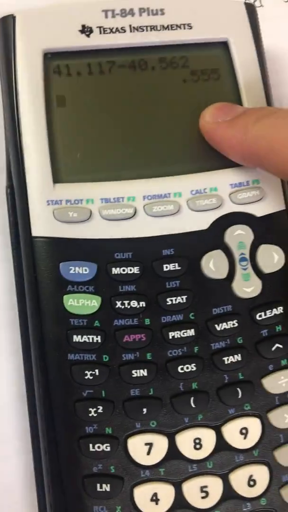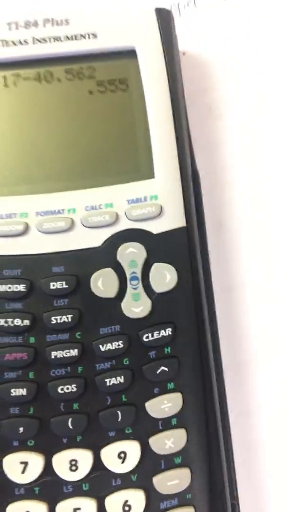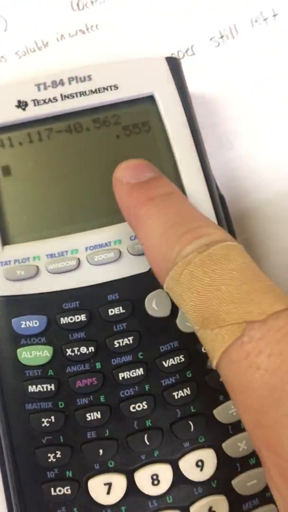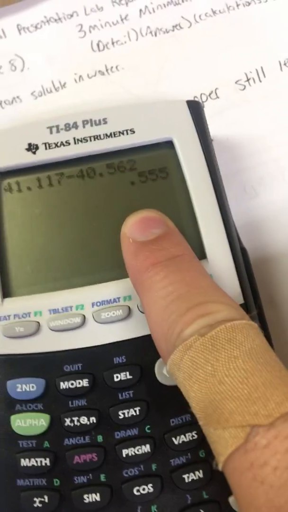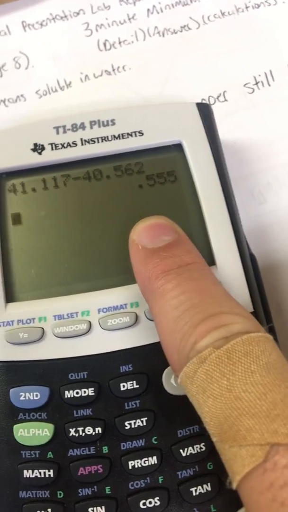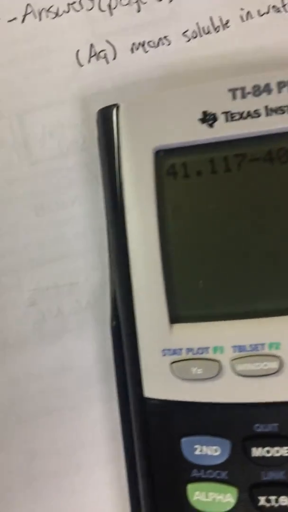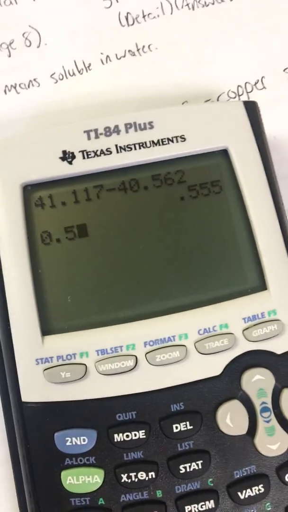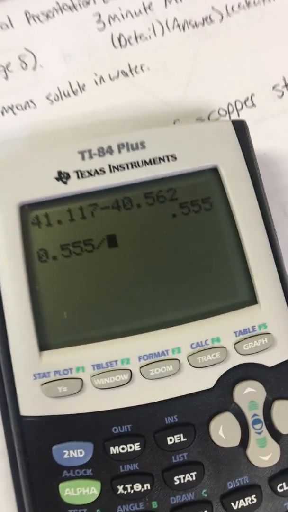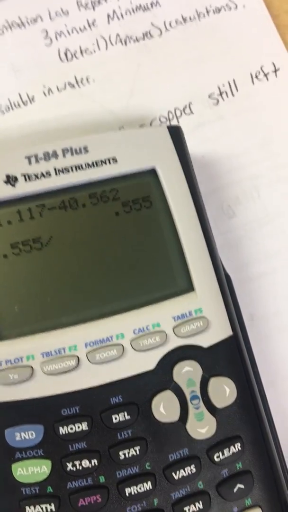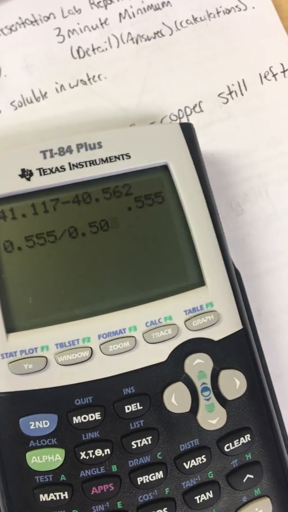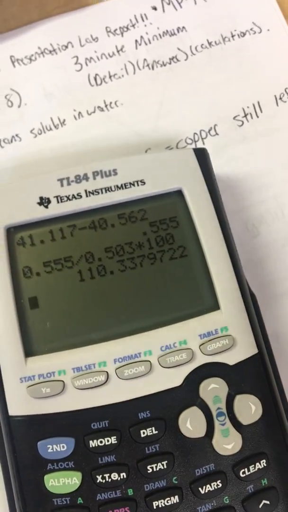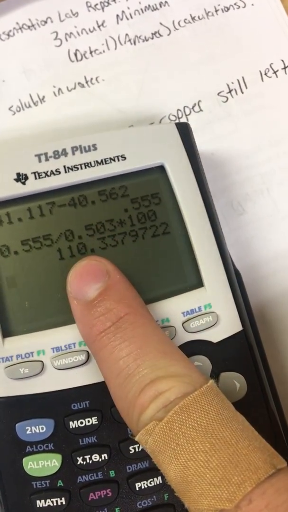Now, to find the yield, like I said earlier, we have to do the recovered mass of copper, which is this, divided by the initial mass of copper multiplied by 100. So the recovered mass is 0.555 divided by the initial mass of copper, which is 0.503, multiplied by 100, and you get the percent yield of 110.